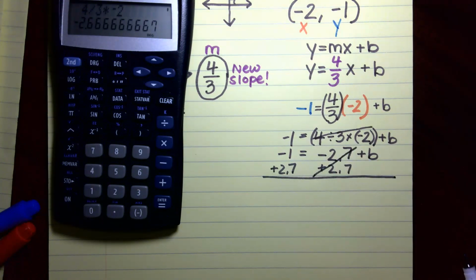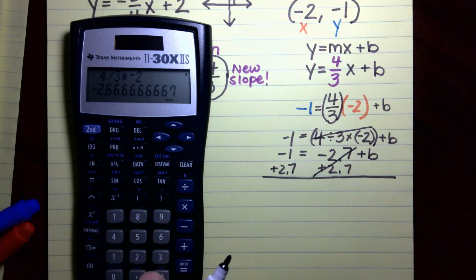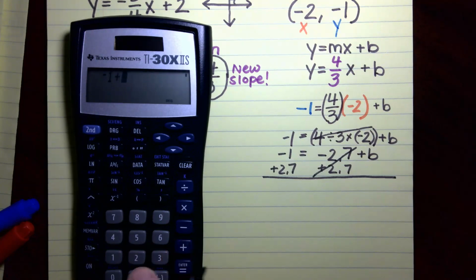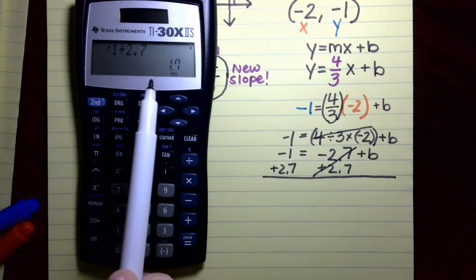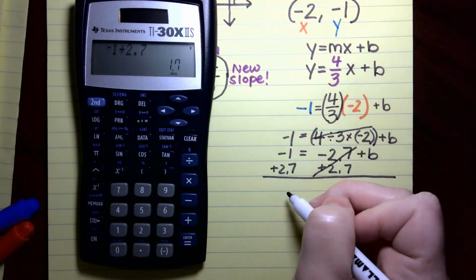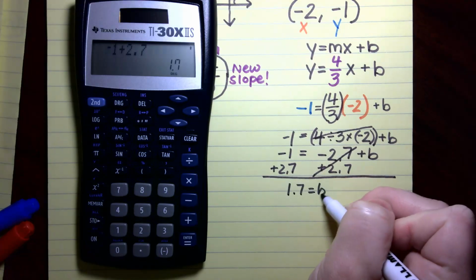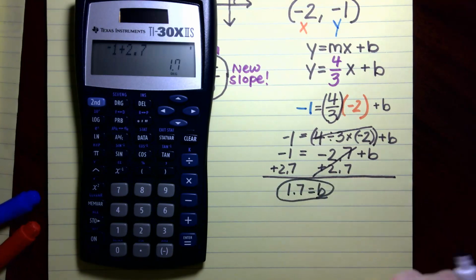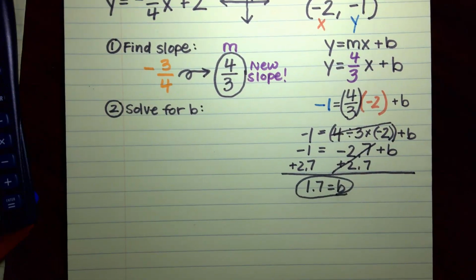My 2.7s will cancel. And then what is negative 1 plus 2.7? 1.7. All right, we found our b.